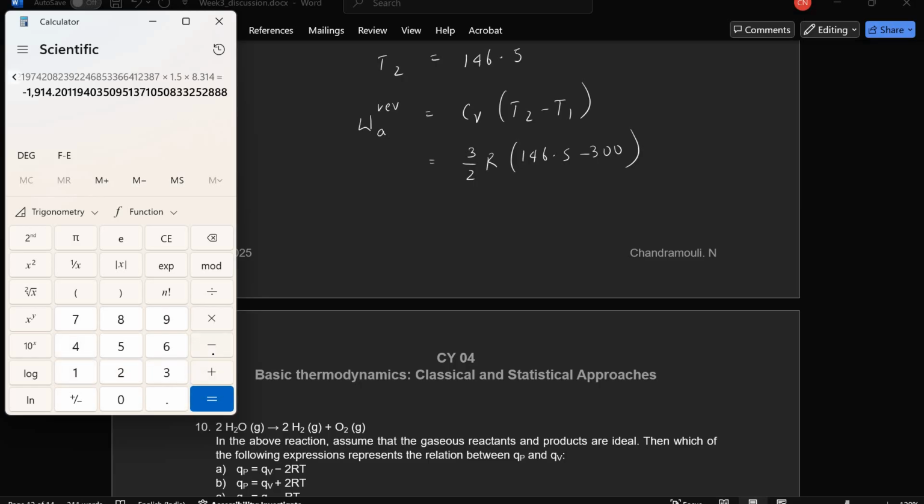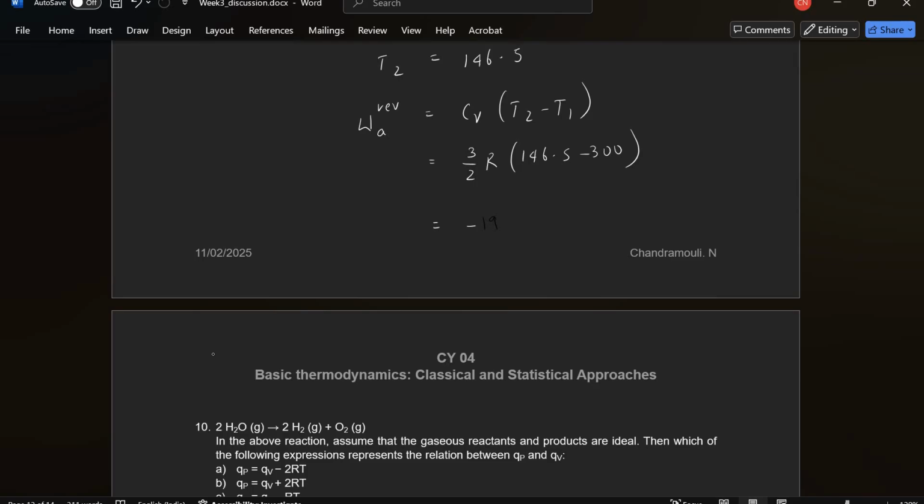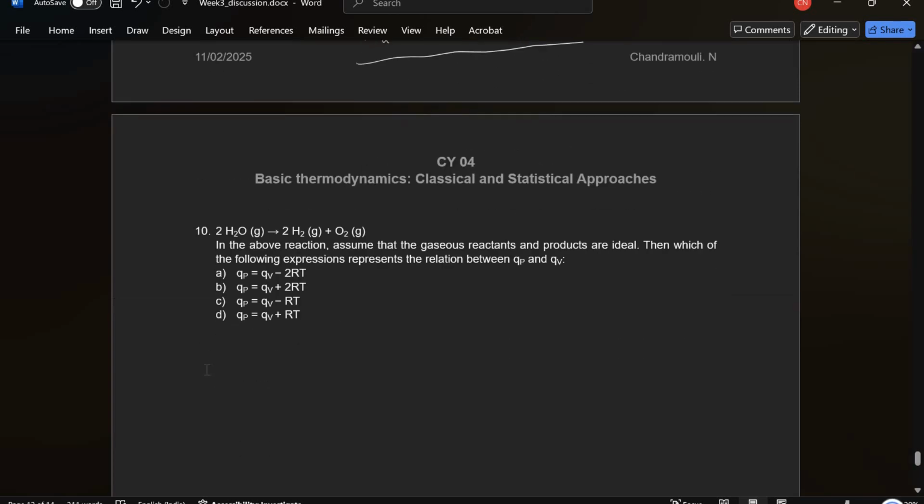So basically the work done is minus 1914.2 joules. This is W adiabatic reversible.